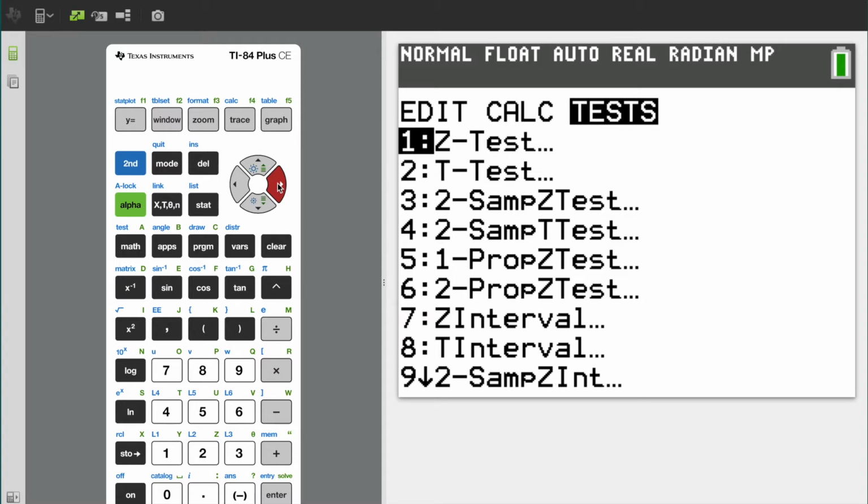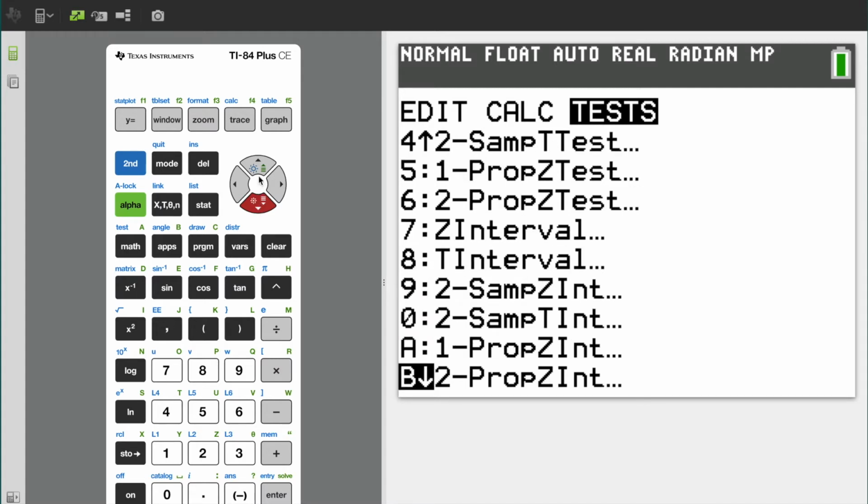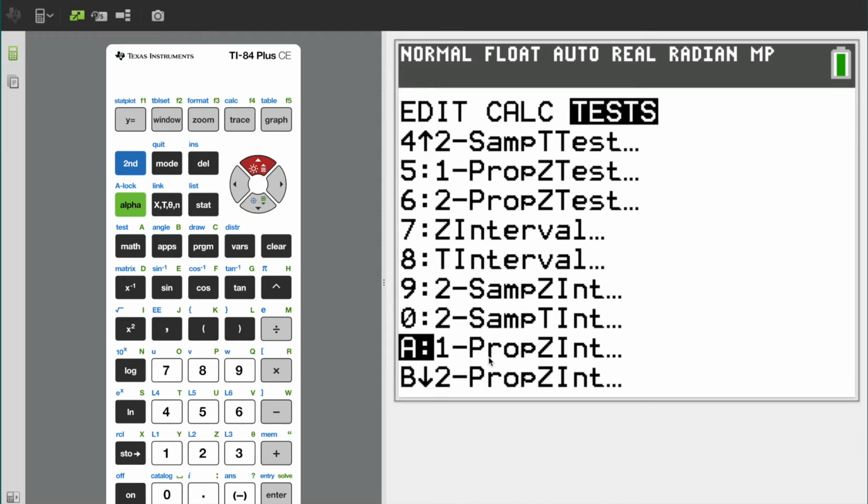Now, you have to be careful because some of these names look very familiar. We have 1 prop z test. That's not what we're looking for. You need to scroll all the way down to, I'm going to have to go up one more, 1 prop z interval. So on my calculator, it's the A function, and I'm going to hit enter.